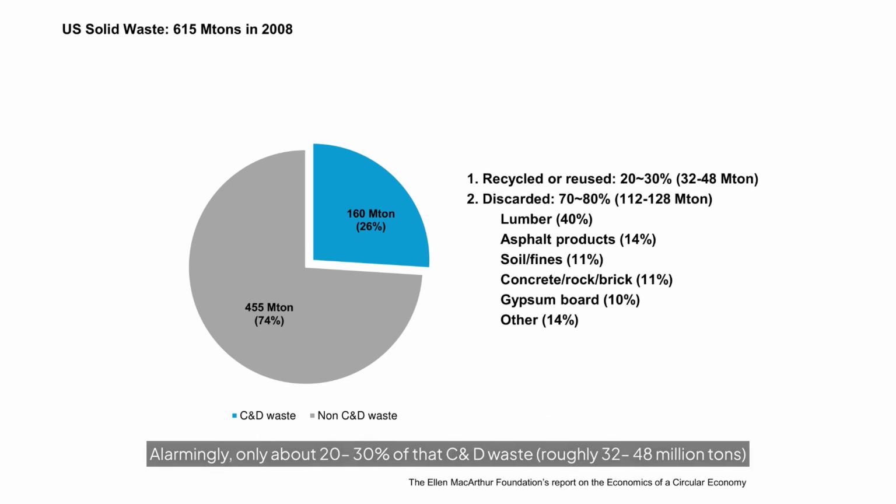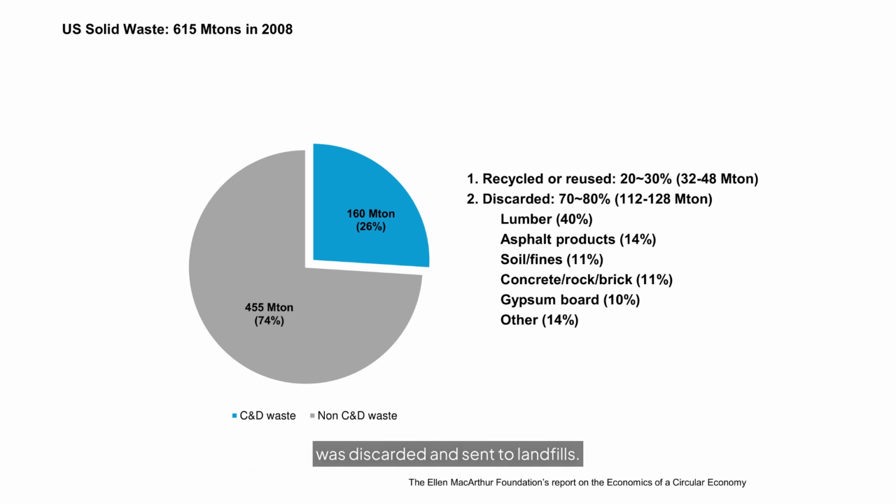Alarmingly, only about 20-30% of that C&D waste, roughly 32-48 million tons, was recycled or reused, while 70-80%, around 128 million tons, was discarded and sent to landfills. The waste stream from building activities is composed of materials that in many cases could be recovered.